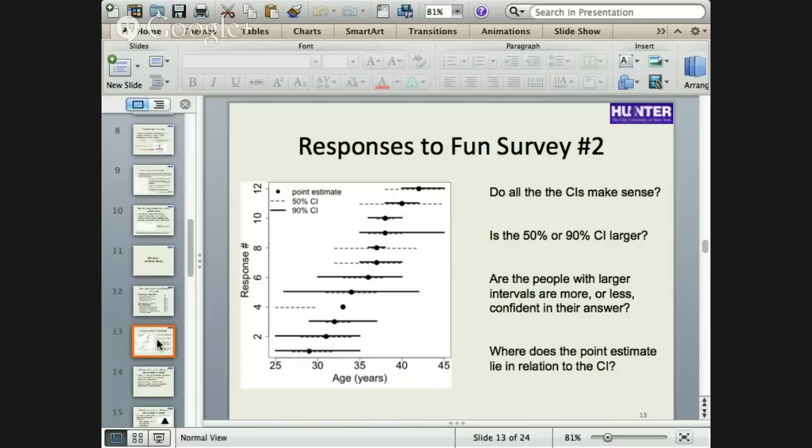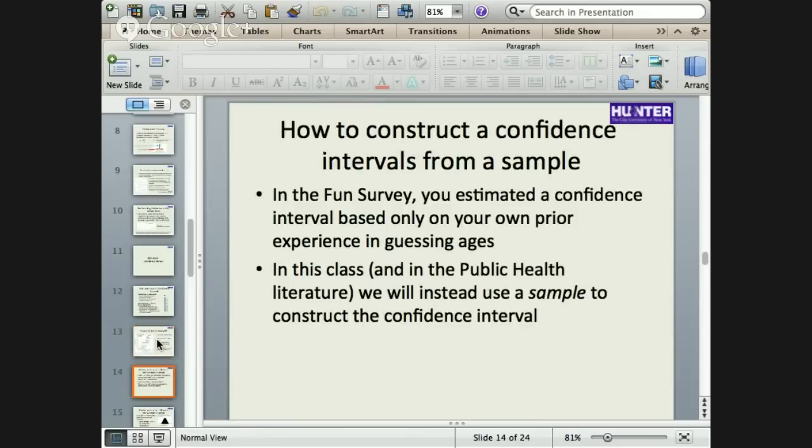Don't worry, we'll get to the answer later. But first, I'm going to tell you how to construct a confidence interval. In this survey, I just had you construct the interval based on your prior knowledge and your best guess.